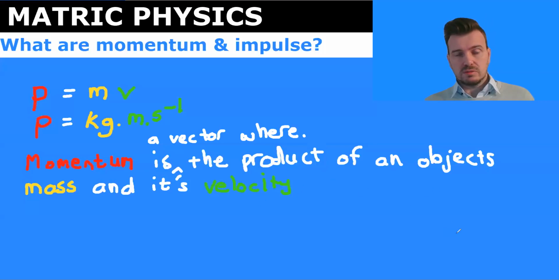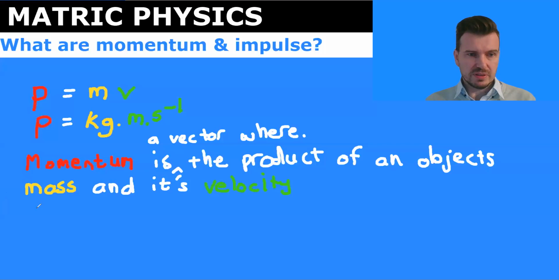Now, when they ask you about impulse, impulse is very closely related to momentum, because even though it's got different units, technically they're measured in the same units, but we just write them as different units. Sounds a bit confusing, but let's have a look.